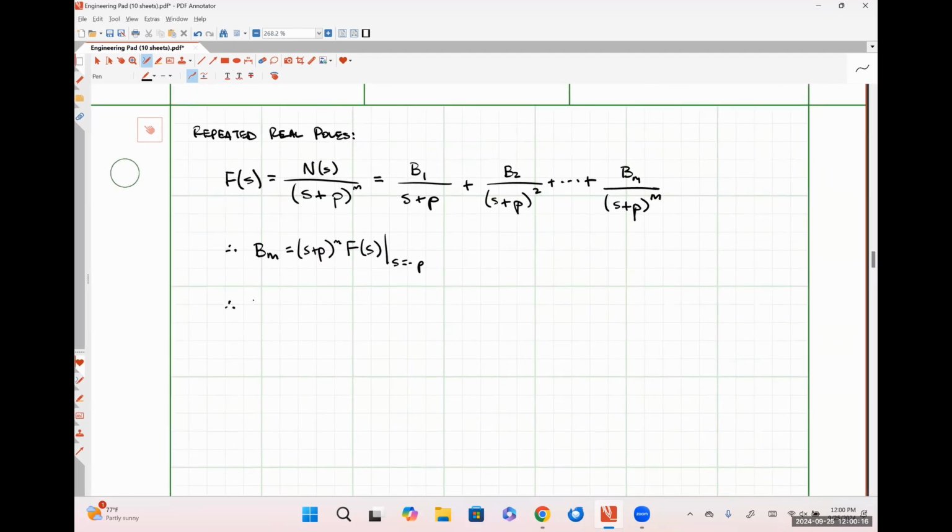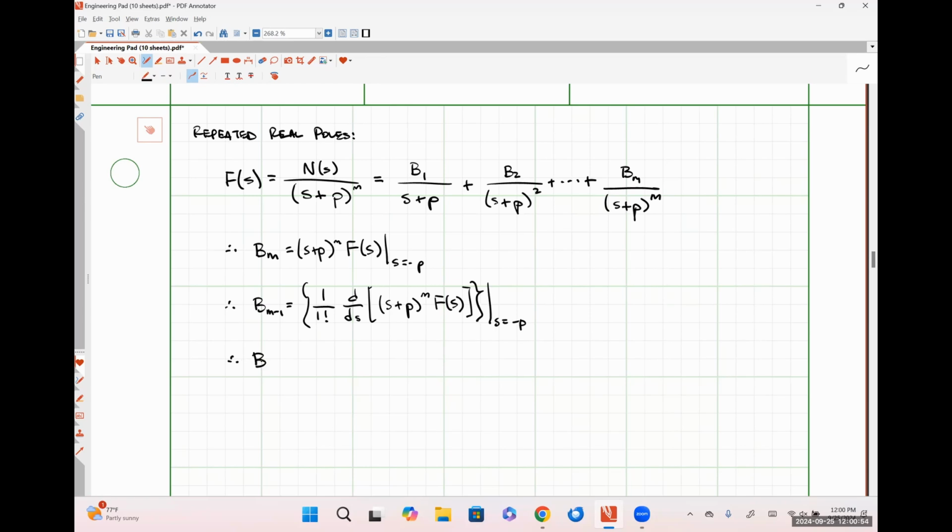For our b sub m minus 1 coefficient, and I'm doing it this way so that we can see a pattern, it is 1 over 1 factorial times the derivative with respect to s of s plus p to the mth power times F of s, close these braces, evaluate it at s is equal to negative p.